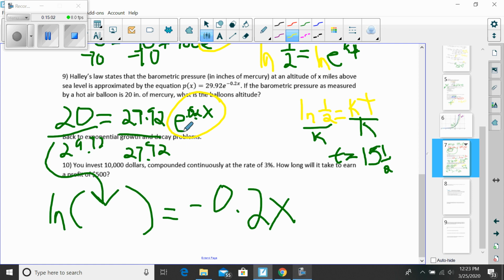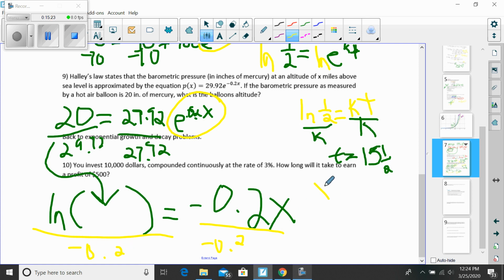Okay, now I can take the natural log of both sides, and once I have this isolated, and then I'm down here, I divide by negative 0.02. I have the natural log of this quotient divided by negative 0.02.